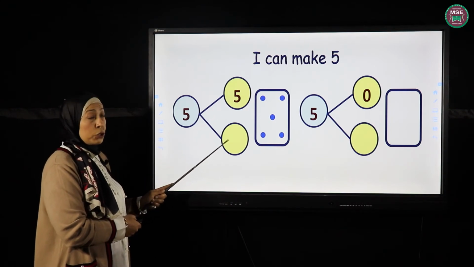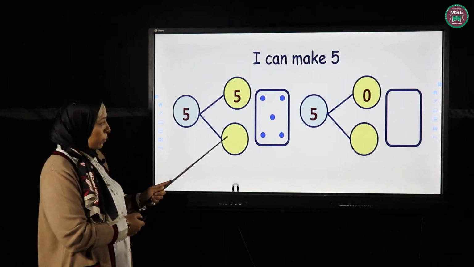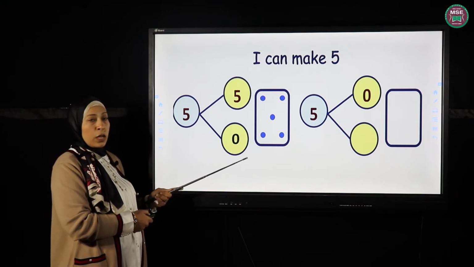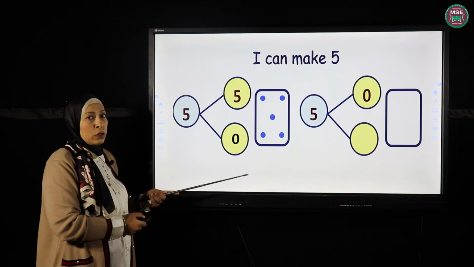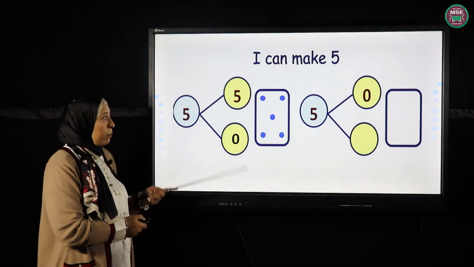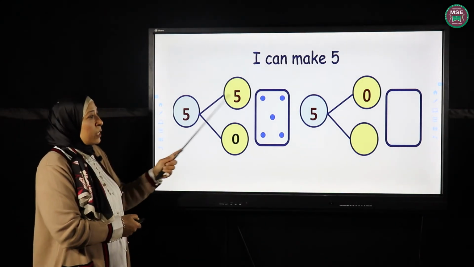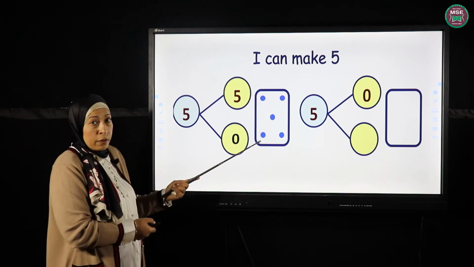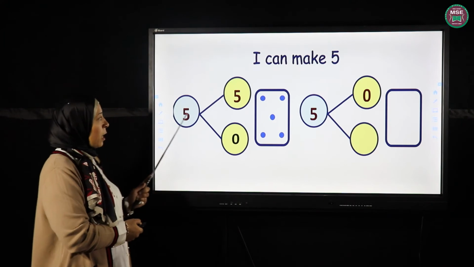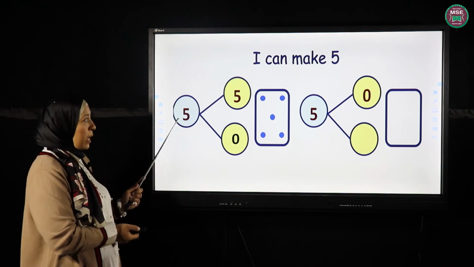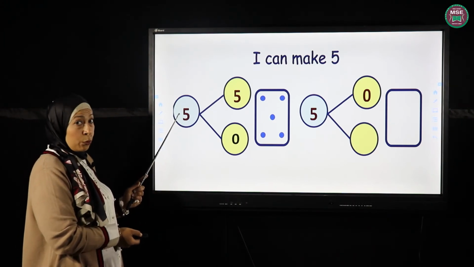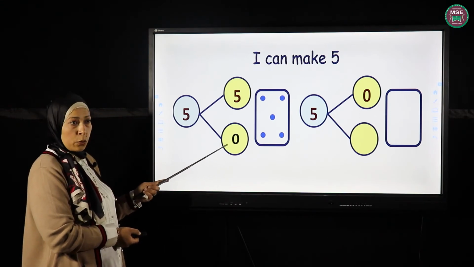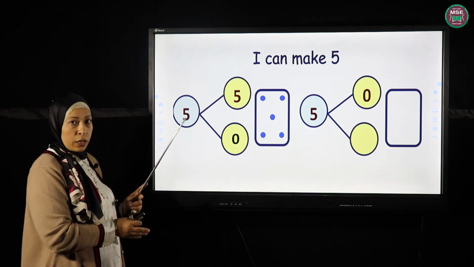So in part 2 I have to write number 0, because 0 is nothing. It means that I'm not gonna draw any other dots, right, to make 5, because I already have 5. If you count the dots on the card, 1, 2, 3, 4, and 5, it's 5, right? And I want to make a whole 5. So can I draw any more? No, I can't. So this is why I will write 0, because 0 is nothing.